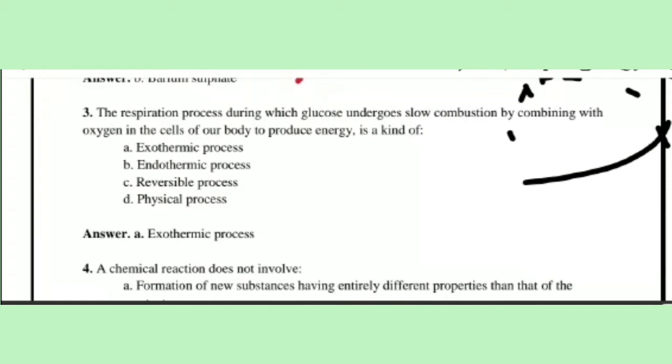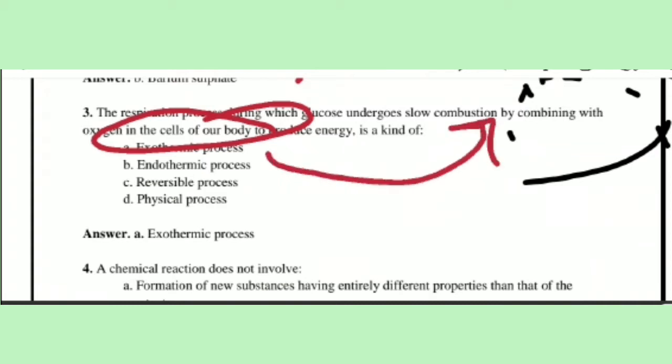So we know that in an exothermic process the energy is released. Option A says that in an exothermic process the energy is released, and in respiration the glucose undergoes slow combustion. Our option A will be the correct answer.